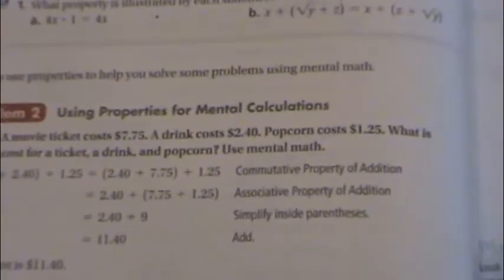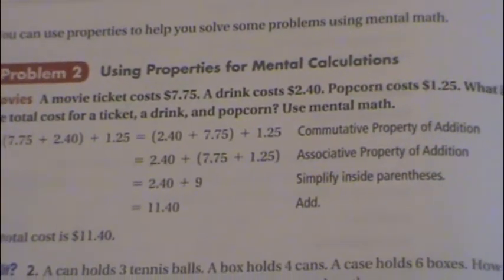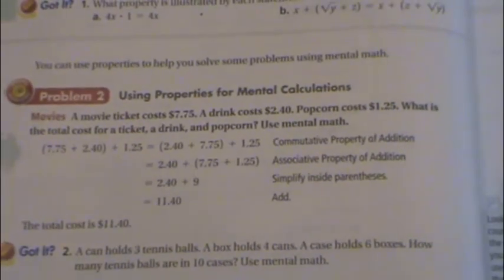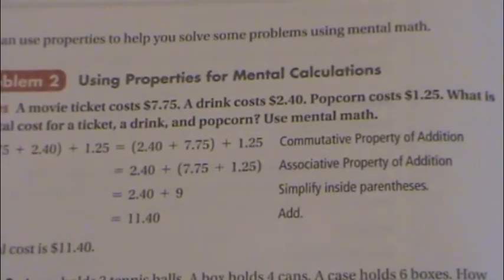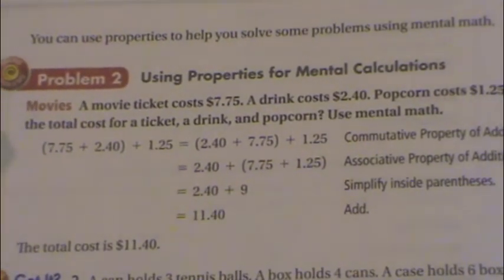All right. Moving on. Problem 2. Using properties for mental calculations. They're going over the shorthand that some of you are already doing in your head, and they're explaining what the labels are.